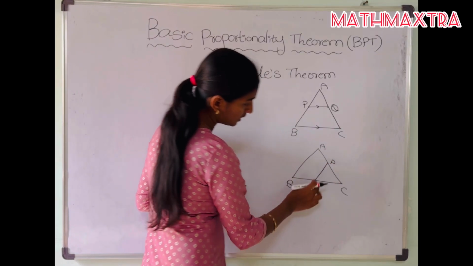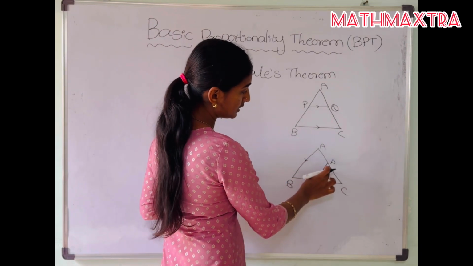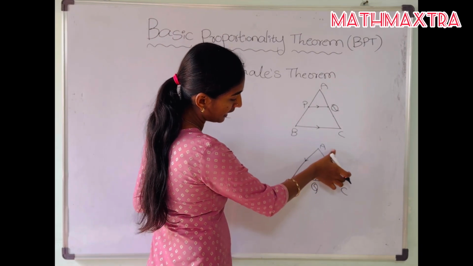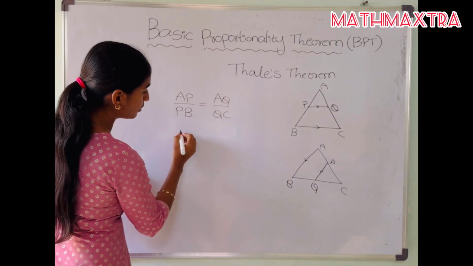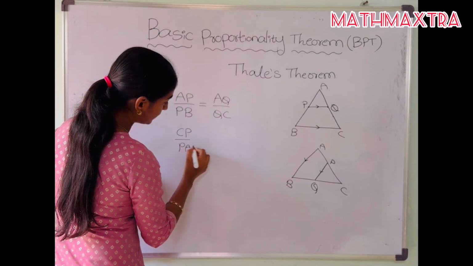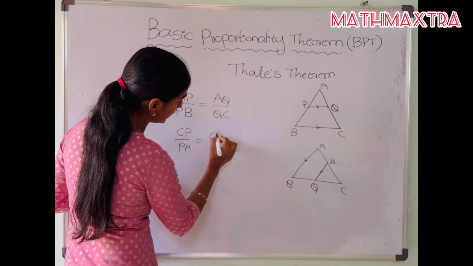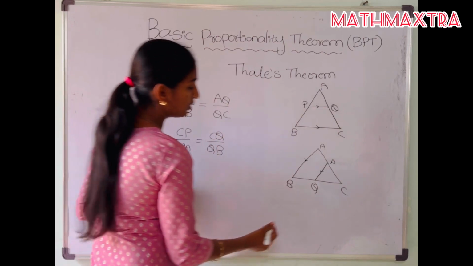So this line is parallel to AB. What is it doing? It is dividing AC and BC in the same ratio. How can we write it? CP by PA, which is equal to CQ by QB.